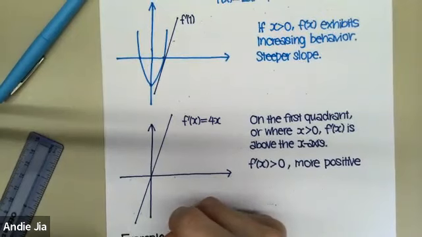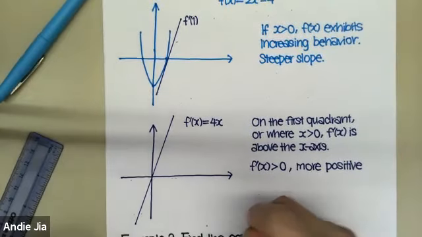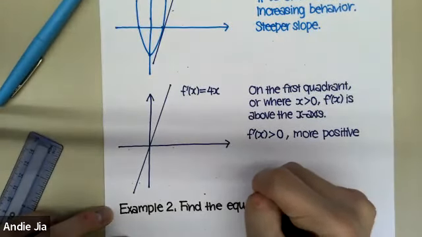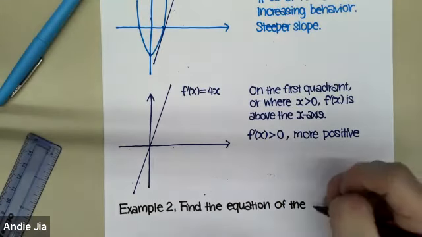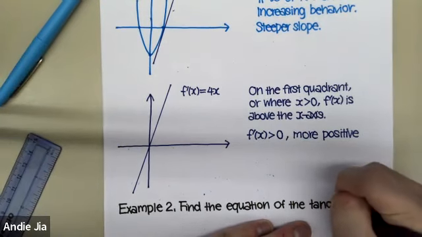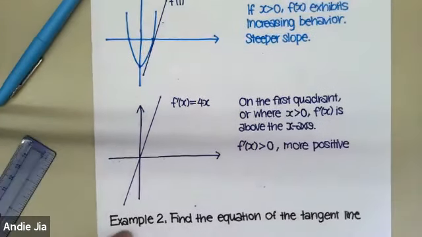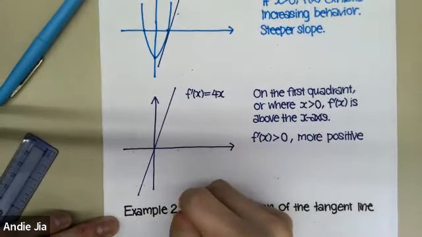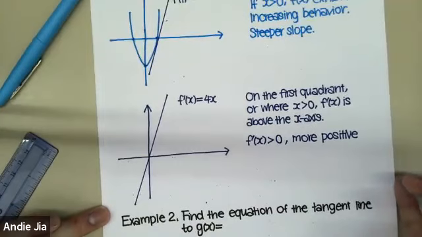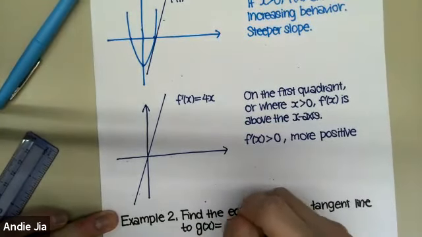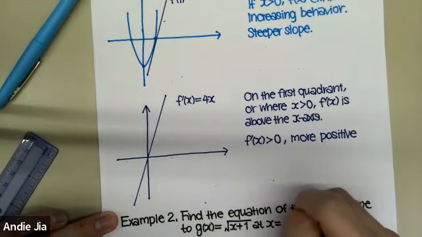Find the equation of the tangent line to the curve g of x equal to x radical x plus 1 at x equal to 8.